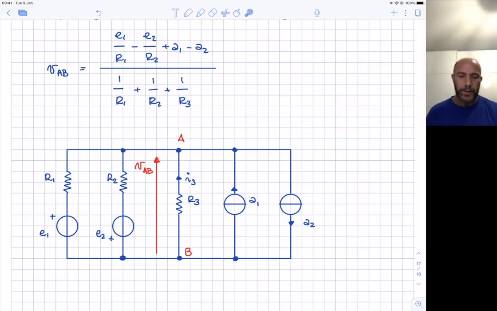Instead, if the plus of the generator is pointing down while the tip of the arrow of the voltage VAB is pointing up, we have a minus sign. For the current, if the current is pointing up, like the voltage VAB, we have a plus sign. If it is pointing down, we have a minus sign.